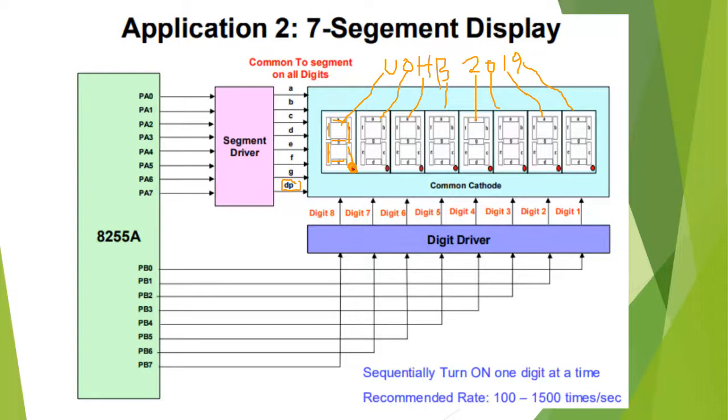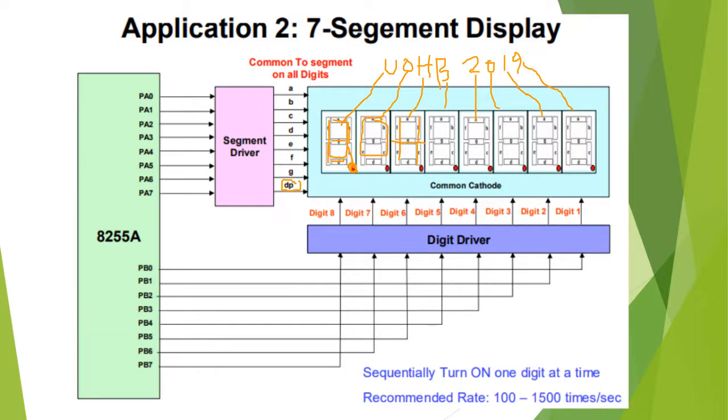Now look here. This 8-line bus is shared by all the 7-segment displays. So we cannot send the data together, because what A, B, C, D, E, F, G, and DP are for U is not the same as for O and for H. They are different, so these are not the same for all.